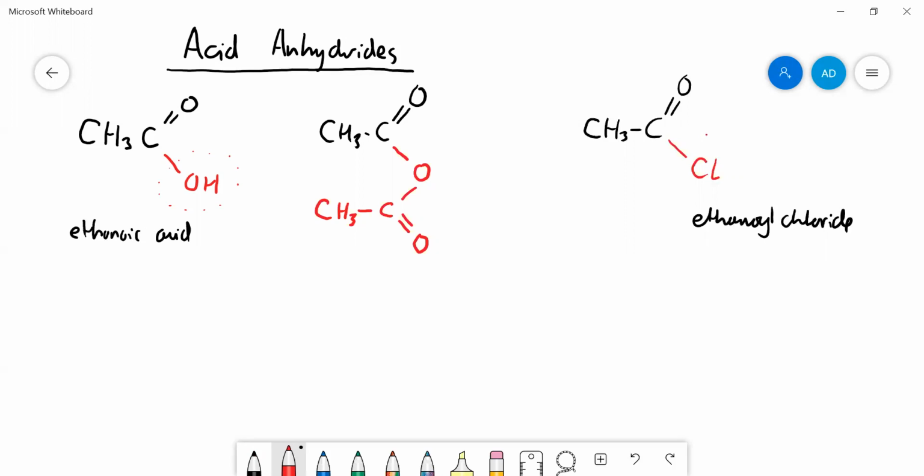This has got the Cl minus stuck onto it, and this bit has effectively got another carboxylic acid stuck onto it. Now all of those three groups are electron withdrawing, so in each case you have a delta positive on the carbon there. And so that means that all three of those will react with alcohols.